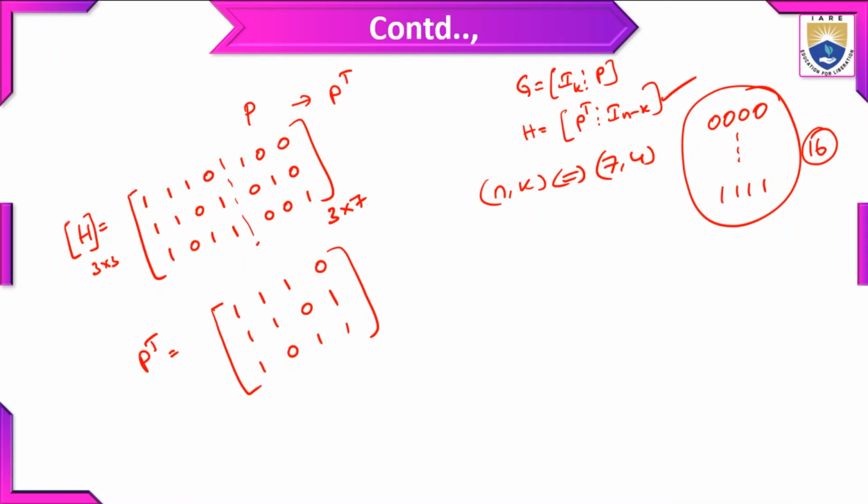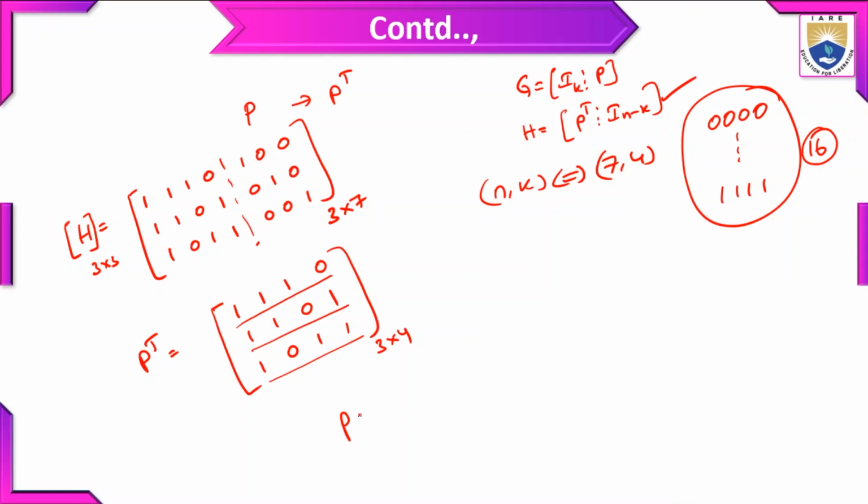That means rows to columns, columns to rows. So for example, this is my first row. This first row is converted into the first column, and the second row is converted into the second column. The third row is converted into the third column. Now the size here is 3 by 4. When you transpose this P transpose, it converts into 4 by 3.